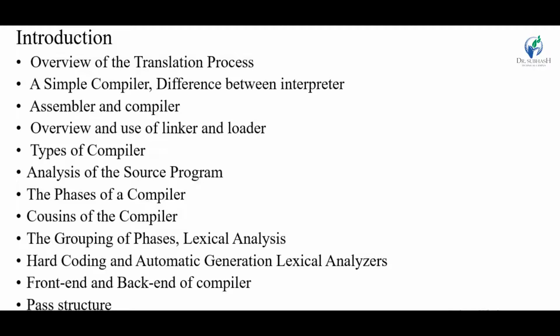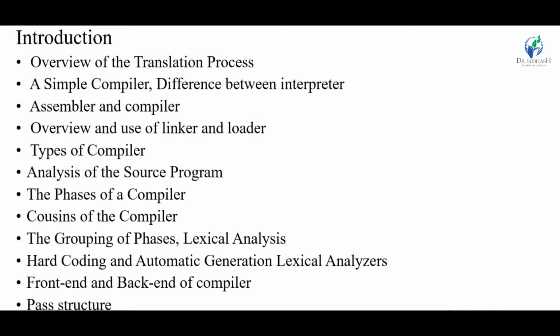Then pass structure. What is a pass? What is the difference between pass and phase? Pass refers to the traversal of a compiler through the entire program. There are two types of compiler according to pass: single pass compiler and multi-pass compiler.